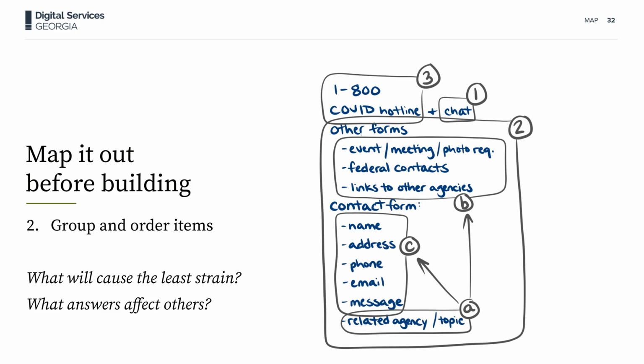If we move the related agency or topic up higher in the form, then that can help us figure out what to show them next. We had all of these links that were separate, going off to other forms or off to other agencies. Well, maybe we can help that be part of the process. They select what it is that they're talking about, and then at that point, we show them these links going elsewhere, or we collect their information.